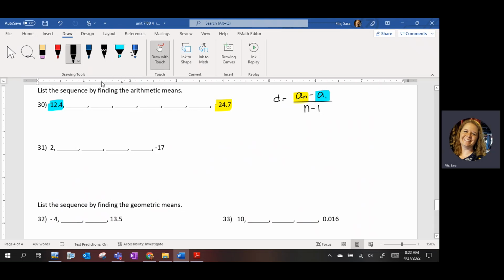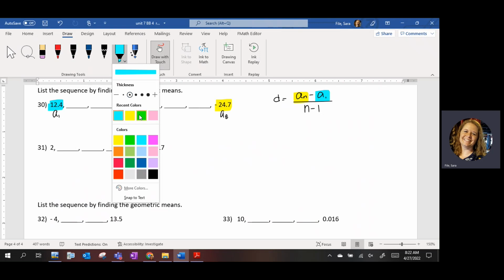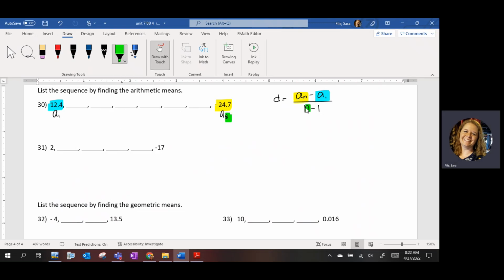Now, the term number. This is a sub 1. It's term 1. And then we've got 2, 3, 4, 5, 6, 7. So this is term 8. So the n here is 8. That's 8 terms in this list. We're filling in the middle 6.